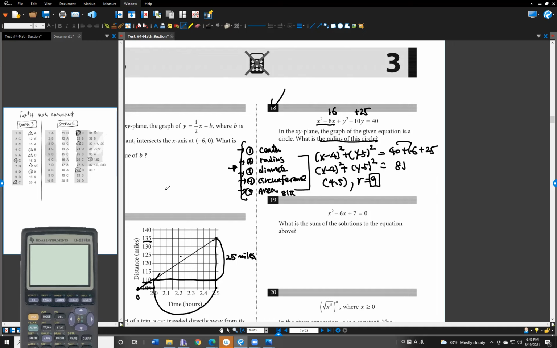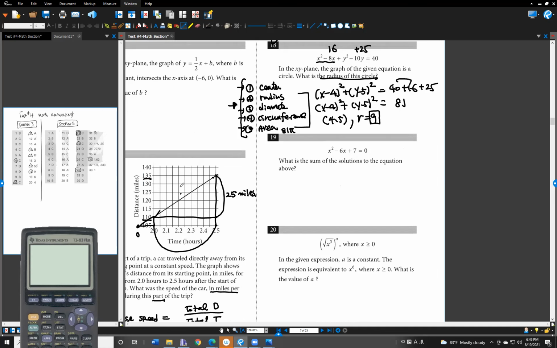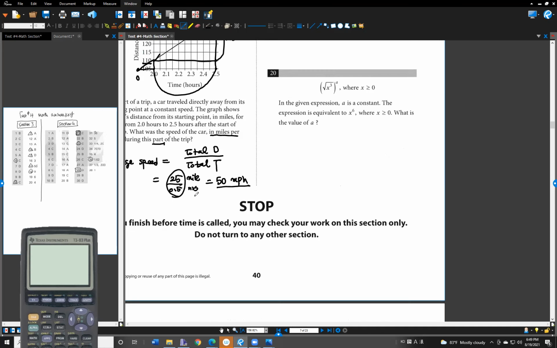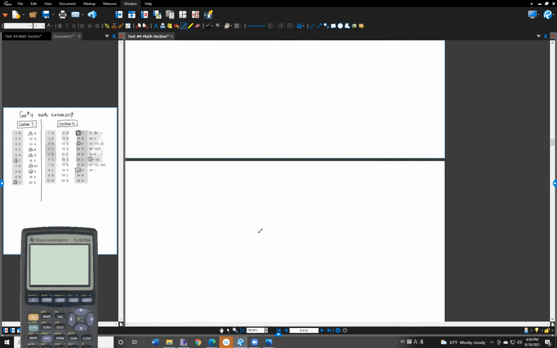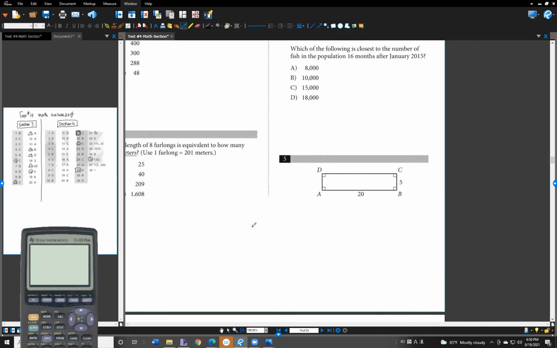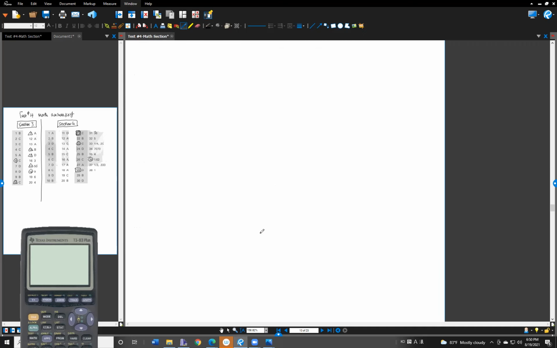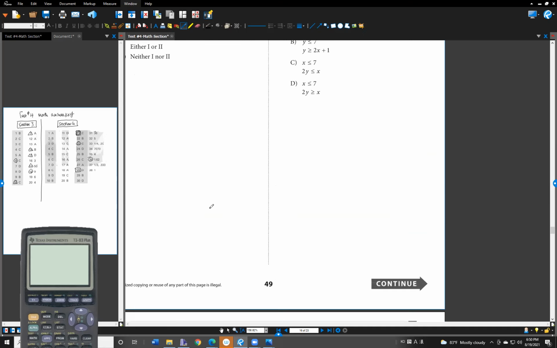Okay, there is a section 3. Okay, now move on to section 4. Section 4 is not many. Okay, oh, very good. 21. There. All the way down, 21. Oh, 25.